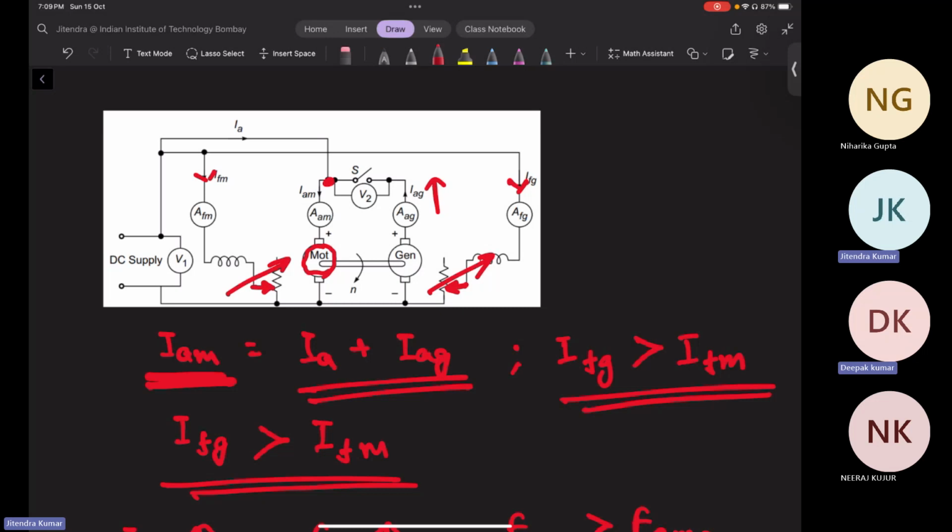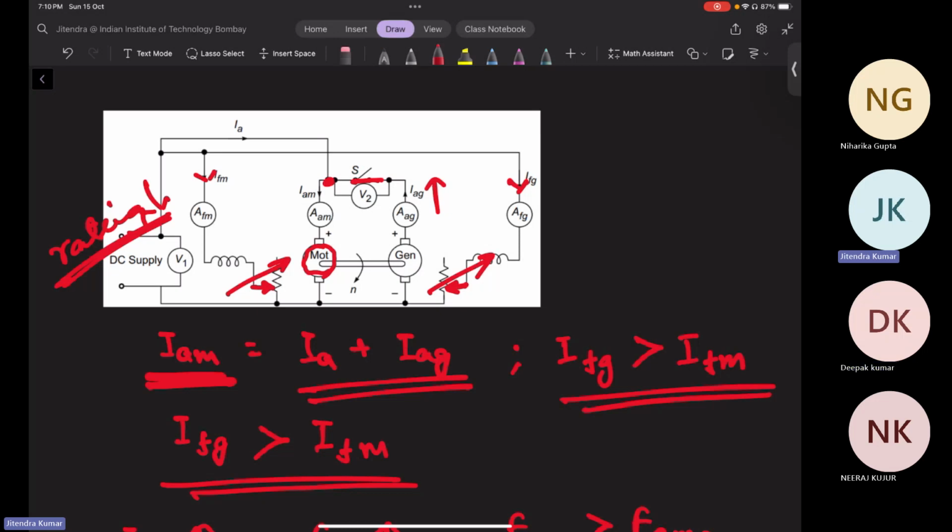When this switch is closed, IAM can be increased by increasing IAG. So the load from the supply will be reduced. The supply capability, the rating of this supply will be reduced, isn't it?